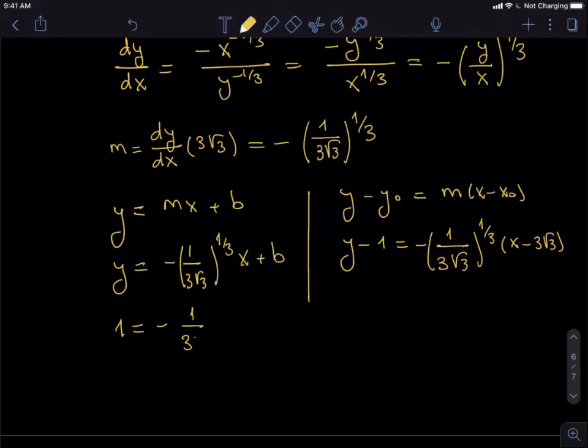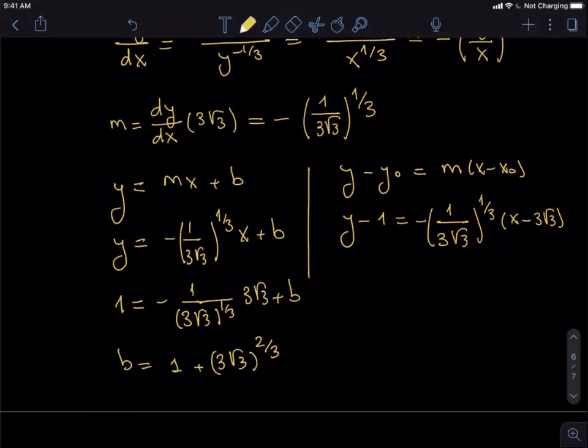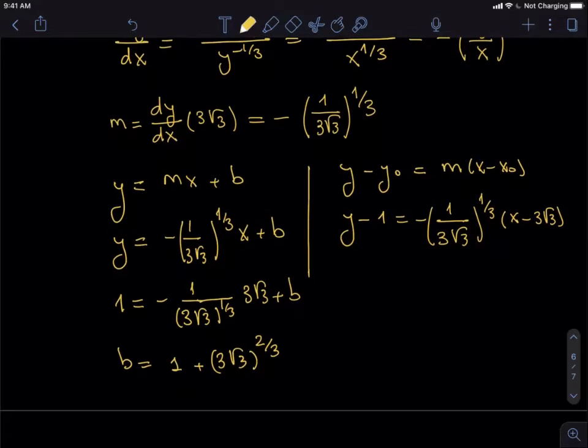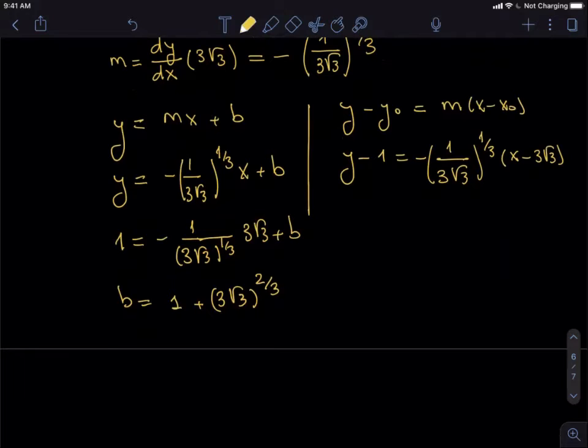So y is equal to 1, and x is 3 square root of 3, and then we have b there. So b is 1 plus (3 square root of 3) to the power 2/3. I simplified there. And then we can write down the tangent.